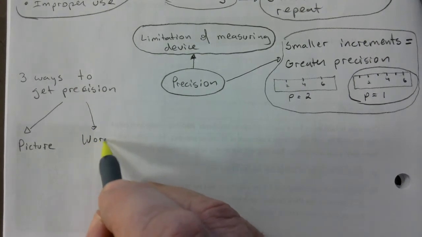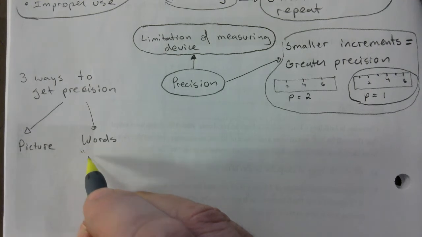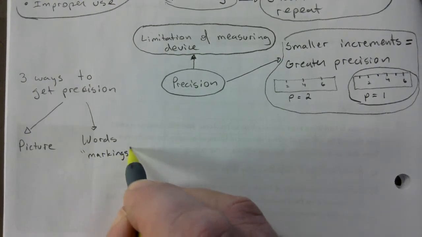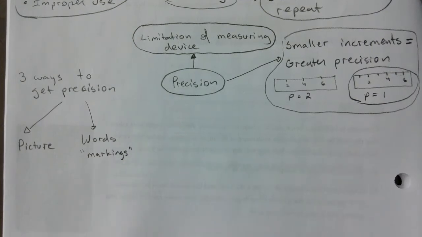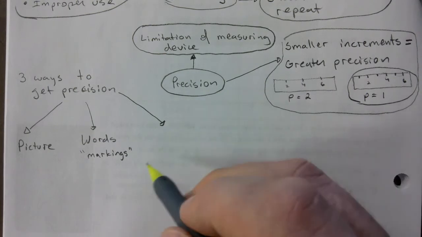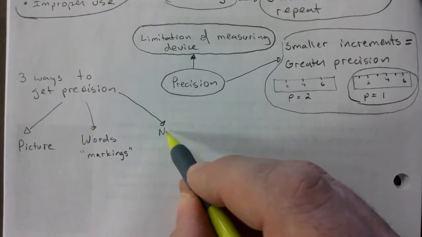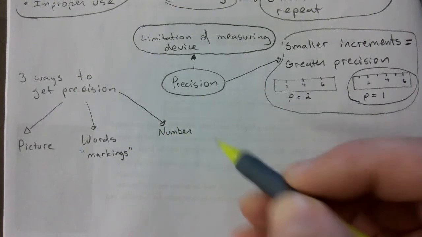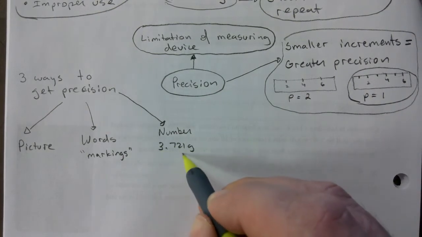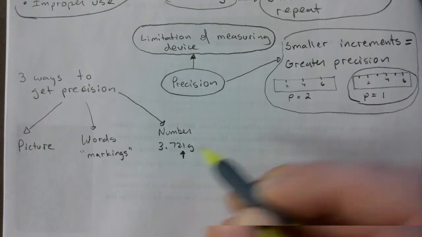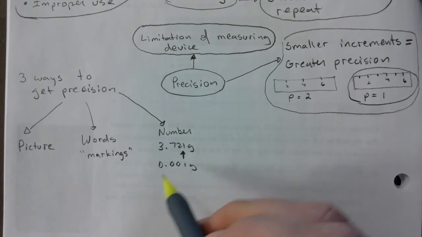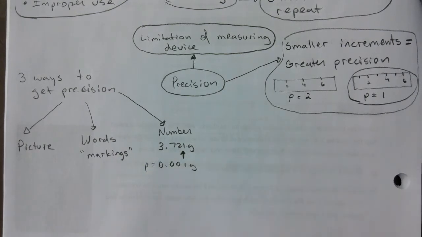You're looking for words such as markings. That's one in particular that you want to look out for. And a number. So if it's 3.721 grams, we focus on that last digit. So it's 0.001 gram. That's my precision. Okay.